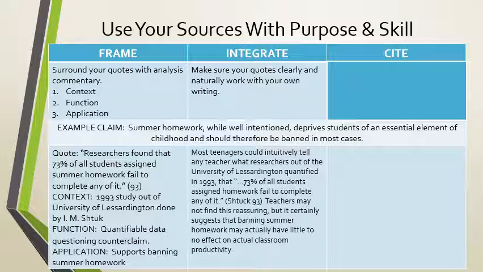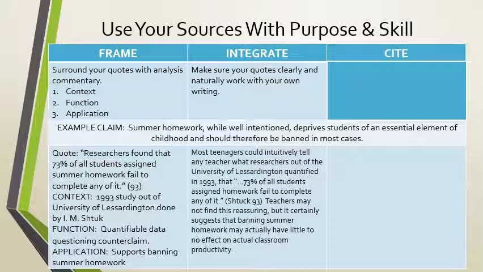The last way that we need to use evidence is to make sure that we're citing it. Which should be obvious, but you'd probably be amazed at how many times teachers, including myself, see people use evidence without any form of citation.